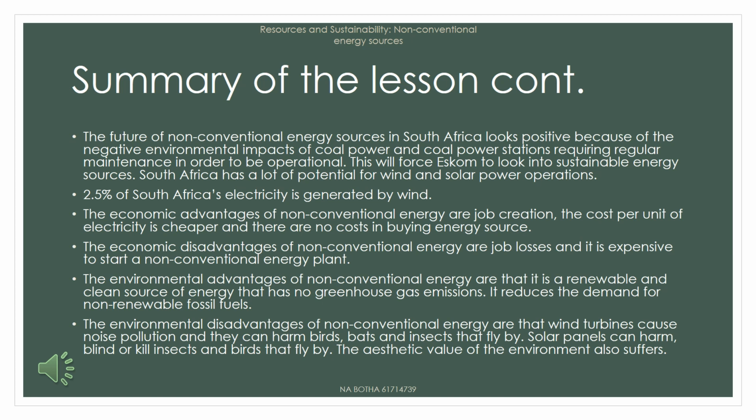The environmental disadvantages of non-conventional energy are that wind turbines can cause noise pollution and they can harm birds, bats, and insects that fly by. Solar panels can harm, blind, or kill insects and birds that fly by. And also the aesthetic value of the environment suffers.